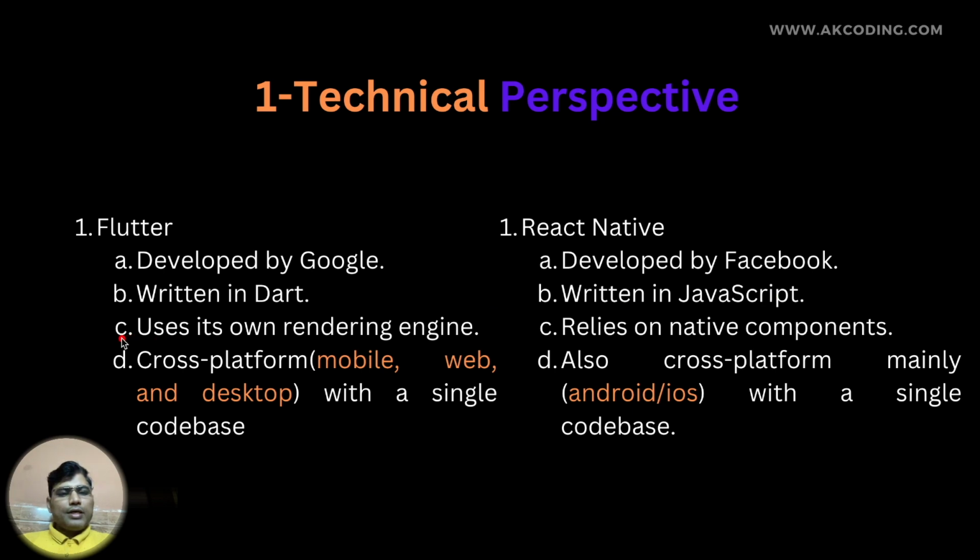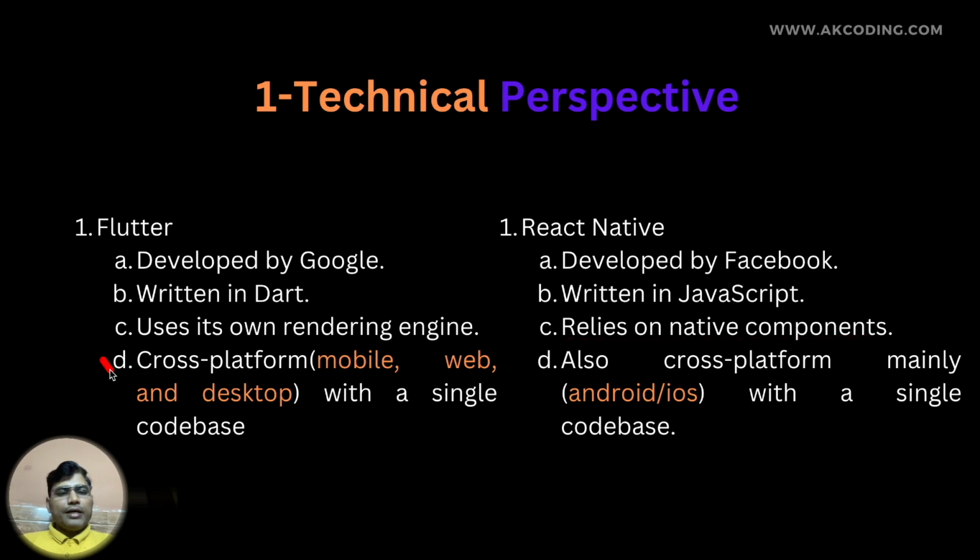Point number C, Flutter uses its own rendering engine which gives more control over customization of a UI component, whereas React Native has no rendering engine of its own, so it has no power to control or customize UI components in the application.